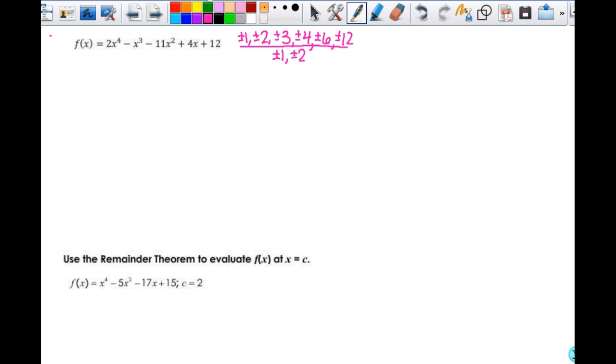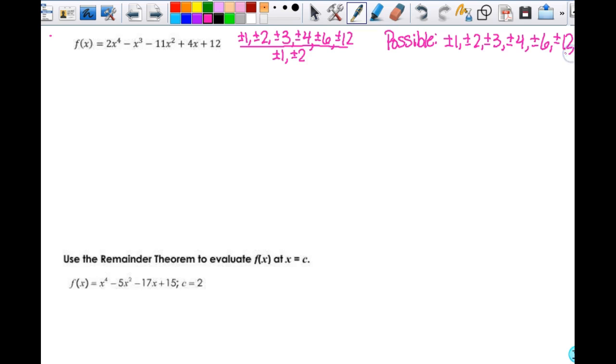That means that my possibles here, I'm going to get plus or minus all of this over 1, so that's really just the list of the numerator. So plus or minus 1, plus or minus 2, plus or minus 3, 4, 6, and 12.